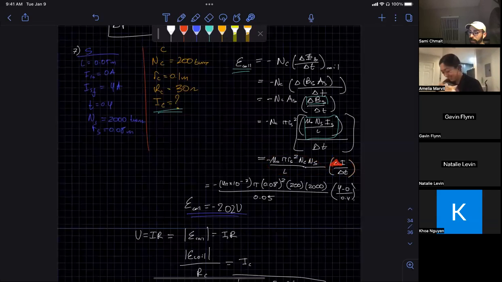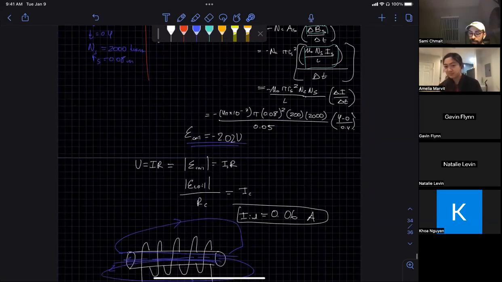So we have a change in the current over a change in time. You plug in everything and solve, and you end up solving for the induced EMF, right? And then finally, you do a modification on Ohm's law. Don't forget the absolute value here, and you solve for the I induced.